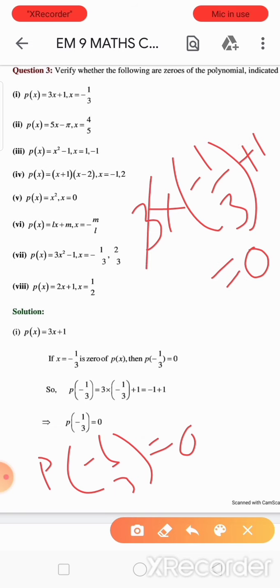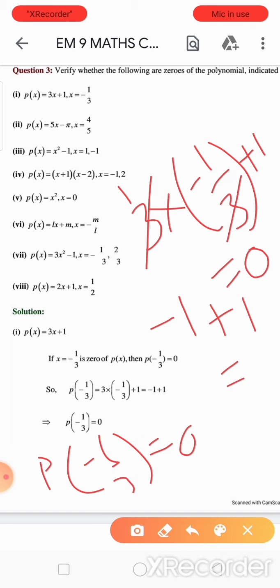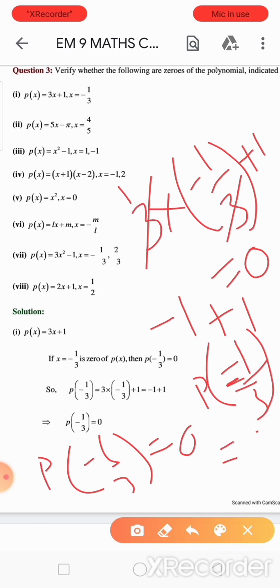Simplifying this step, the 3 in numerator and denominator cancel, giving minus 1 plus 1. So here we get minus 1 plus 1, which means the value of p of minus 1 upon 3 is 0.